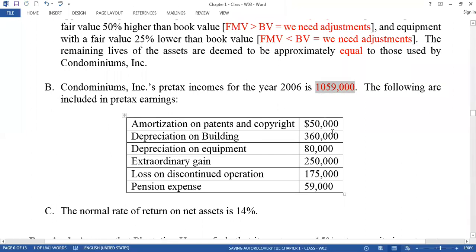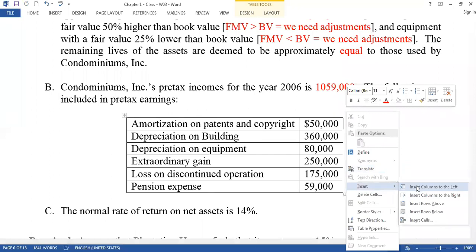We are going to calculate future earnings for 2007, and we are going to do some adjustment because something happened in 2006, but something may not happen in 2007. So what will not happen in 2007, we are going to adjust. Clear? Now let's see, if we explain here, I add another column.